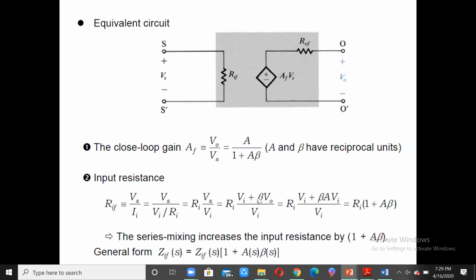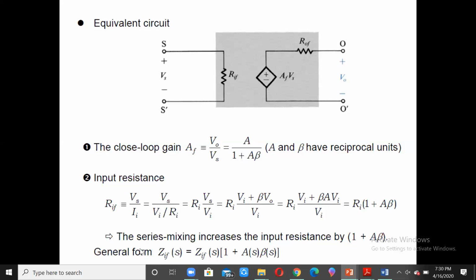Vi can be taken out common, and then this will become 1 plus beta V0 by Vi. V0 by Vi is A, and the denominator will be Vi. Vi cancels, and we are left with 1 plus A beta. So the series mixing increases the input resistance by 1 plus A beta. That is what it shows over here. This Ri is getting multiplied by 1 plus A beta.